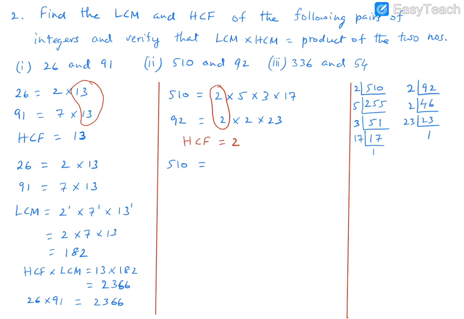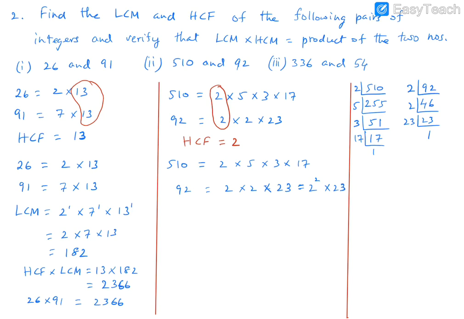Similarly, we can go ahead with computing the LCM by writing again the prime factors. So 510 is 2 into 5 into 3 into 17, and 92 is 2 into 2 into 23, and we can write this as 2 power 2 into 23.